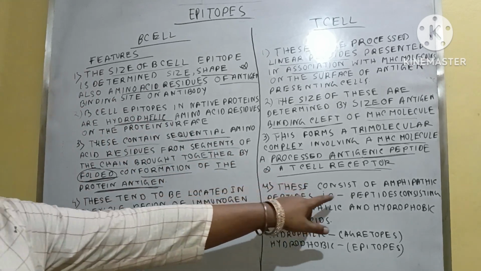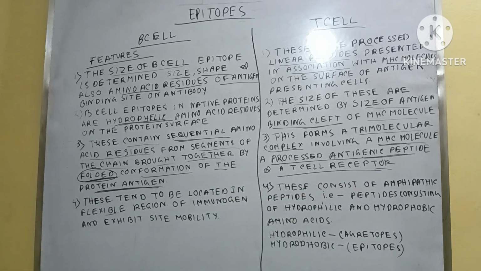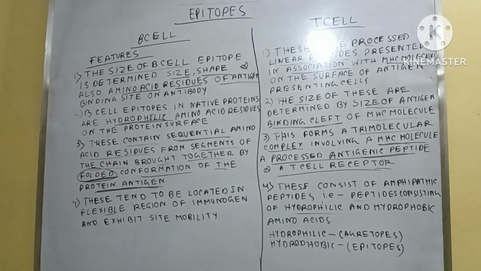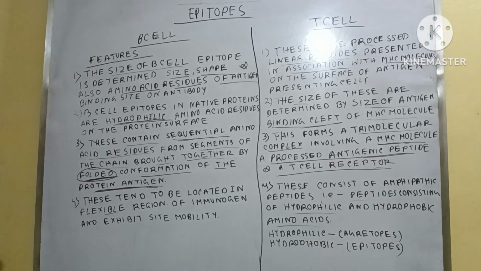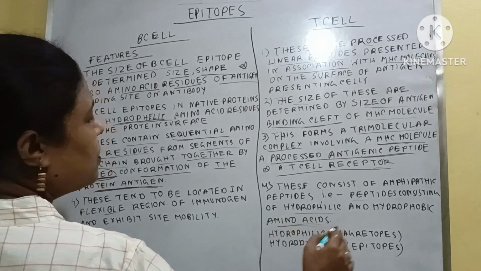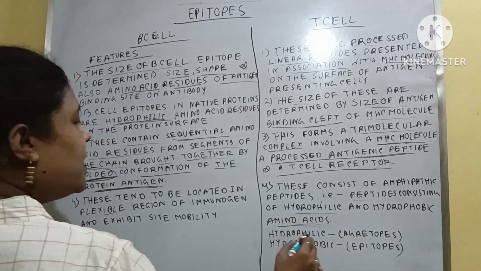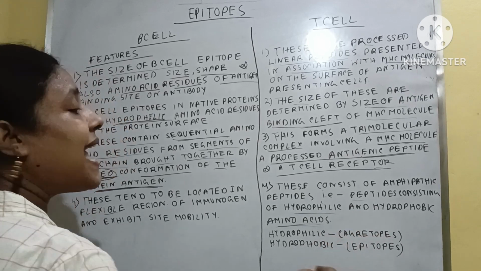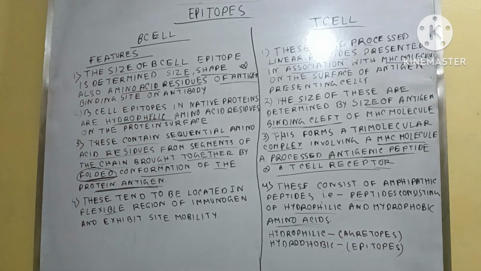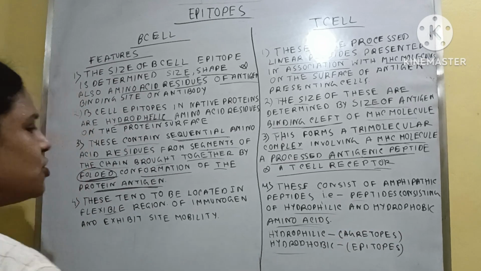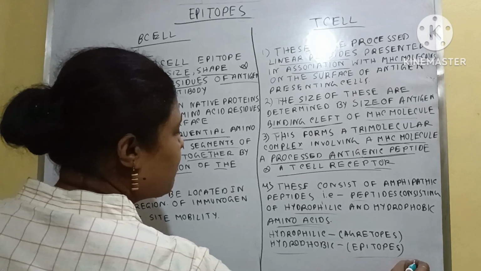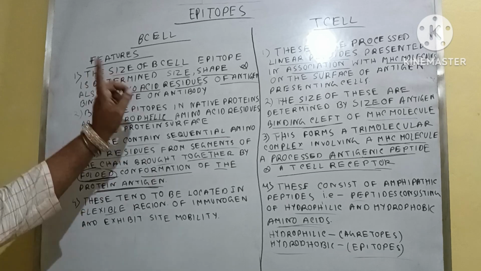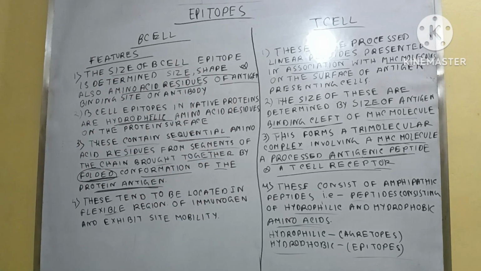The fourth one, these consist of amphipathic peptides, that means peptides containing hydrophilic or hydrophobic amino acids. If hydrophilic amino acids are there, they act like agretopes, and if the amino acids are hydrophobic, they act like epitopes. So these are just the main few features of B cell epitopes and T cell epitopes.